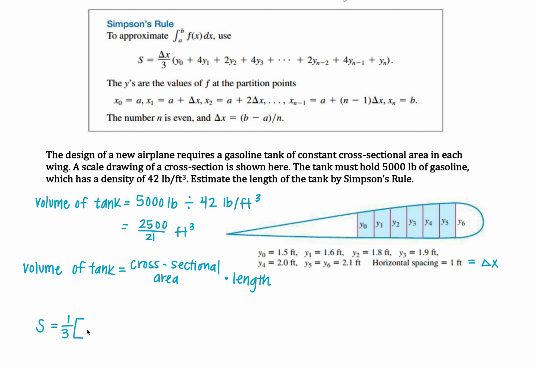And in this case, it's y naught, which is 1.5. And then we do that 4-2 pattern, plus 4 times 1.6, plus 2 times 1.8, plus 4 times 1.9, plus 2 times 2.0, plus 4 times 2.1, plus that last one is just a 2.1.